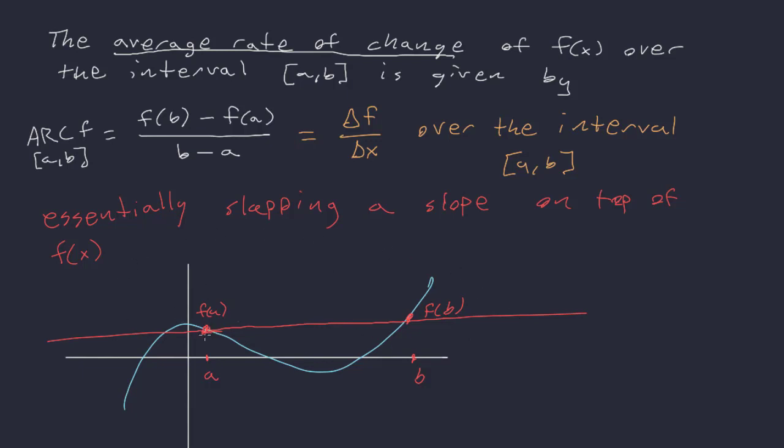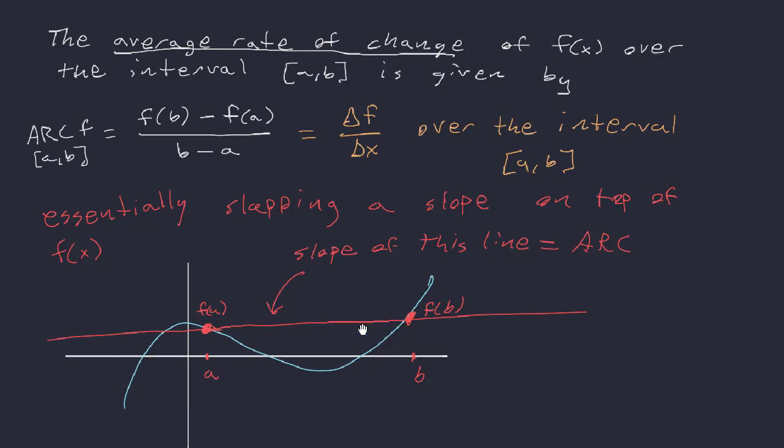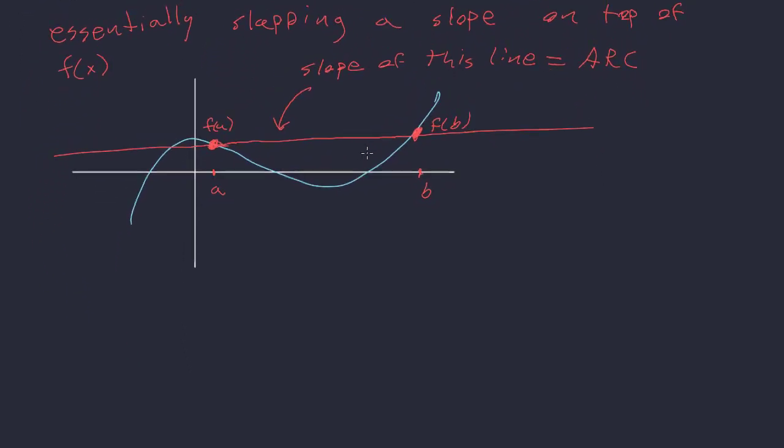If we draw a line between these 2 points, the slope of this line is the average rate of change. And this is actually kind of a hacky way to talk about the average rate of change, but it still works surprisingly well, because it essentially gives you your rate of change on average over the entire interval.